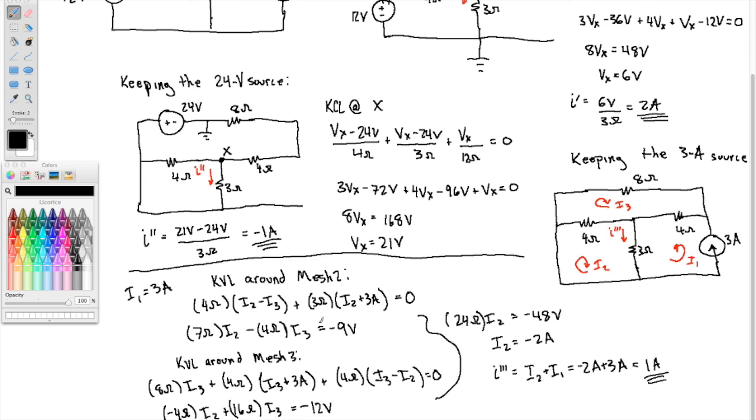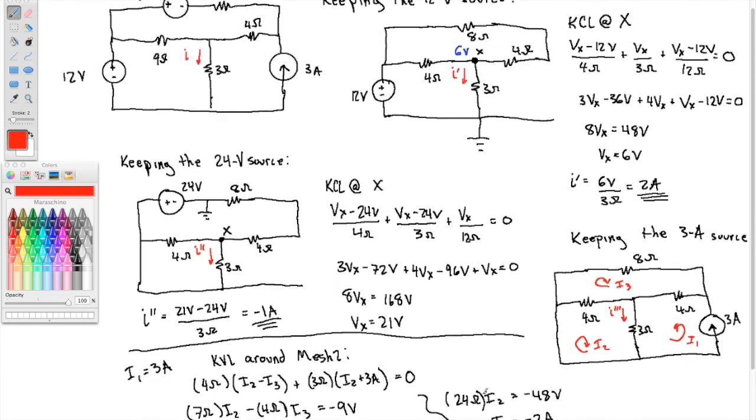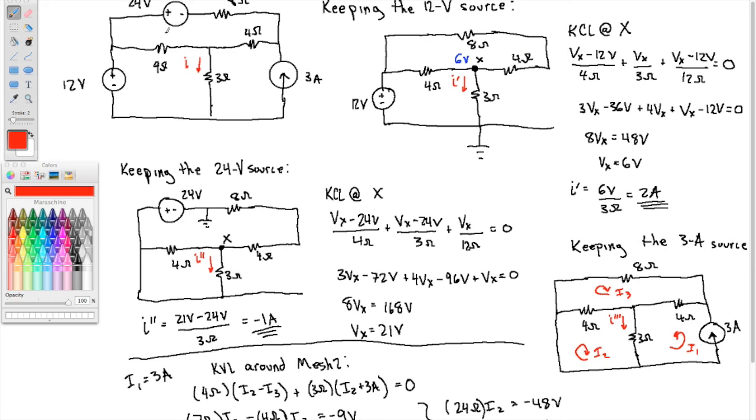So, superposition says that the current in the original figure, so here's the original figure on the top left of the board, that current is the sum of 3 pieces, right?